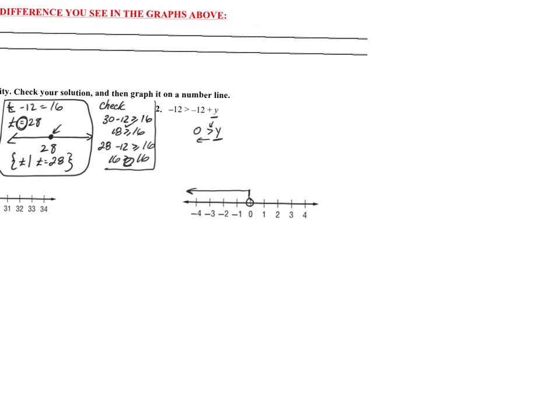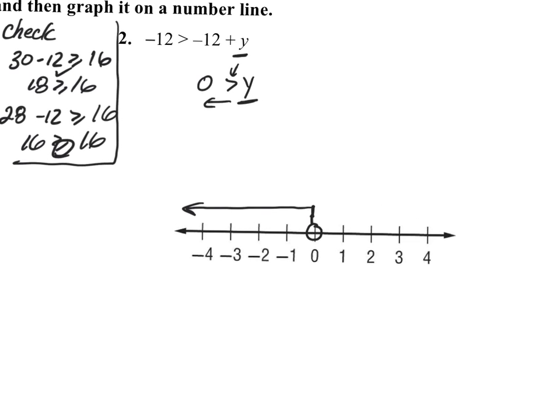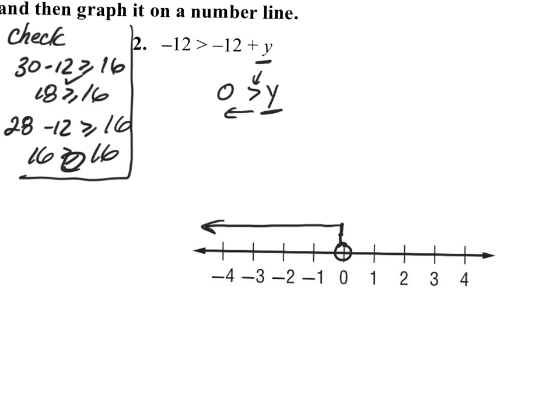Over here, no equal sign in my answer, just the inequality less than, so that means I'm going to do an open dot. So in my set builder notation, it's saying the solutions for y are such that y is less than 0.